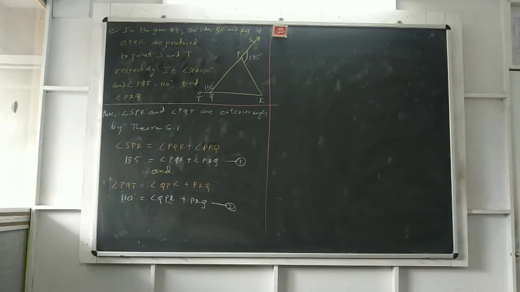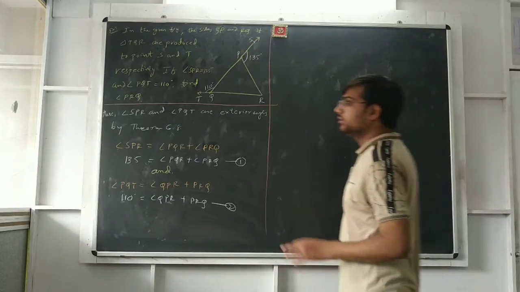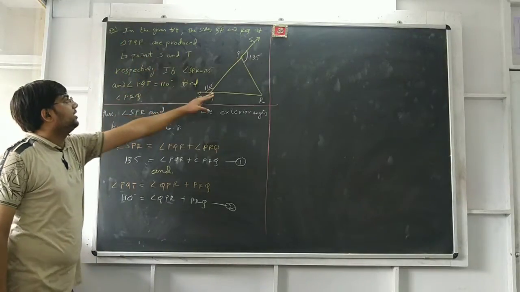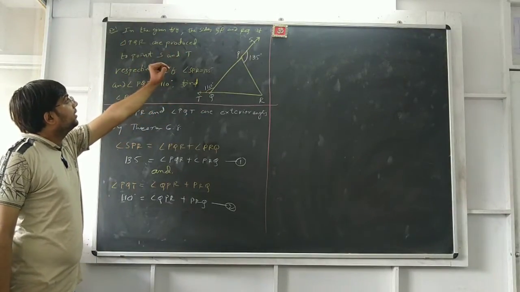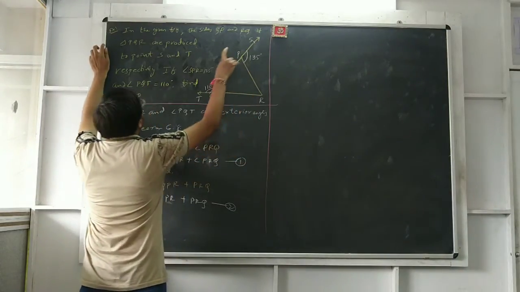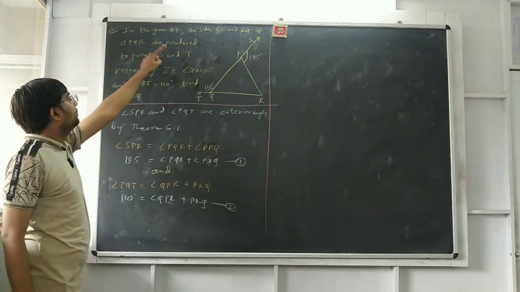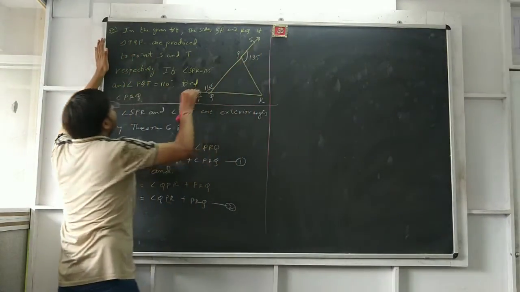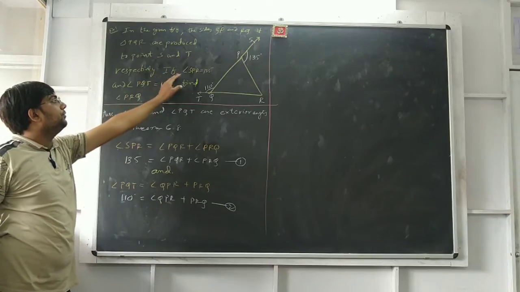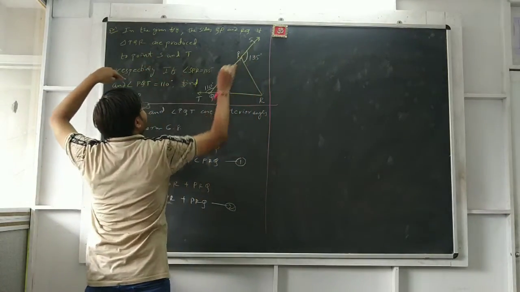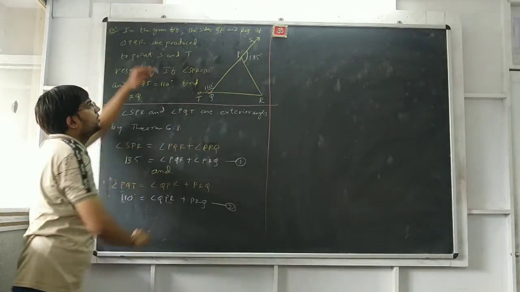6.3, example number 1. In this question, in the given figure, the sides QP and RQ of the triangle PQR are produced to S and T respectively. If SPR is 135 and PQT is 110.